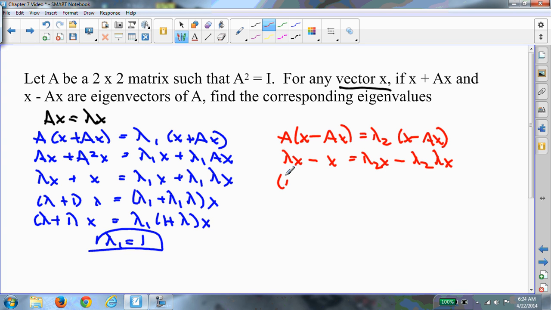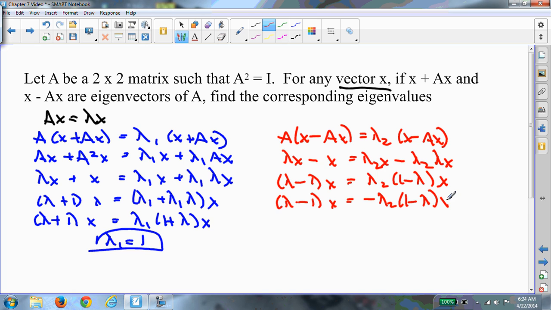That means (lambda minus 1) x equals lambda 2 (1 minus lambda) x, or (lambda minus 1) x equals negative lambda 2 (lambda minus 1) x. So that means negative lambda 2 has to equal 1, and lambda 2 equals negative 1.